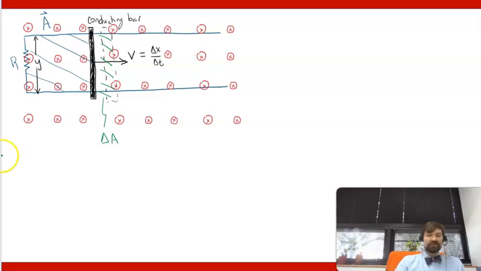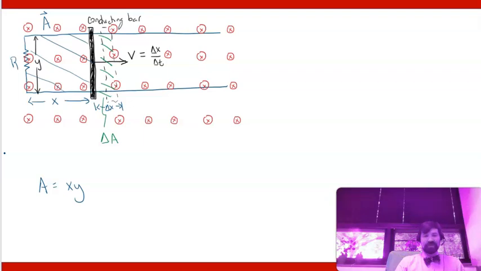And since the area itself, A, is given by, let's say, x times y. It's a rectangle, so this right here would be x. This right here would be delta x.